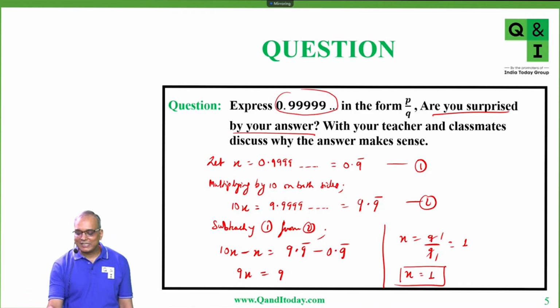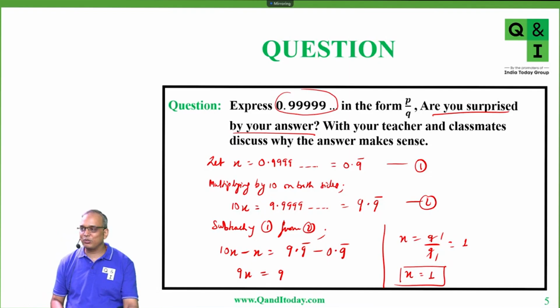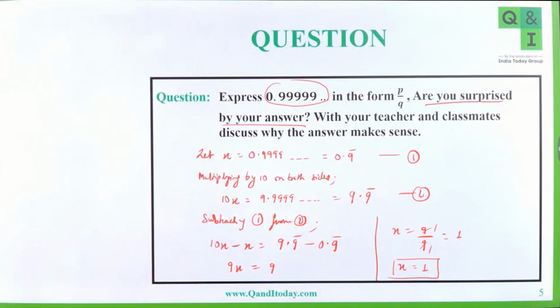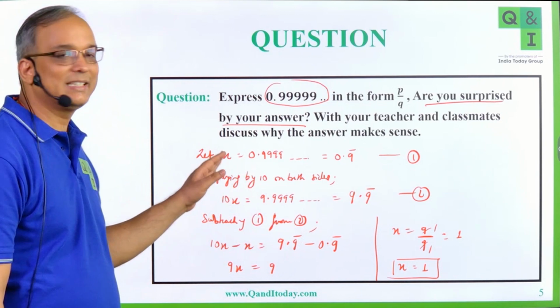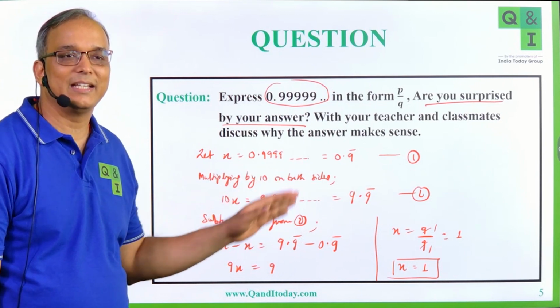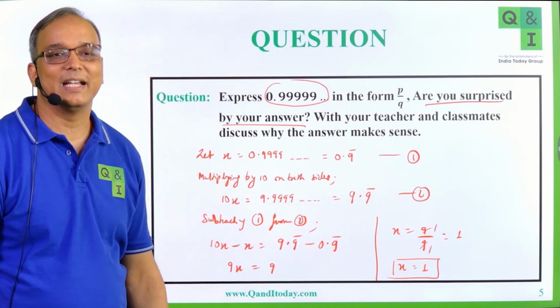Now with your teachers and classmates, discuss why the answer makes sense. Who is going to tell me why this answer makes sense? Anyone, please. Why did we get this? x is equal to 0.9999 up to infinity, and at the end we are getting x is equal to 1.